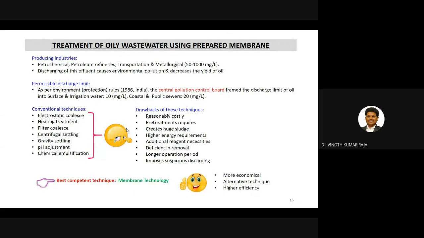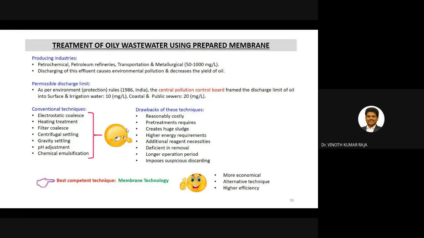So for treating this oily wastewater, since it is generated from several industries, there are several conventional techniques that have been used for oily wastewater treatment. That includes electrostatic collapse, treatment, filter collapse, centrifugal settling, gravity settling, pH adjustment, and chemical emulsification. However, all these methods have some advantages and disadvantages.